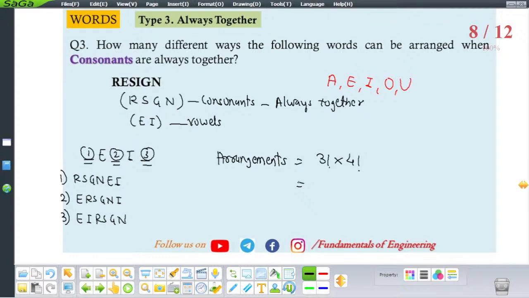You can give it in the chat box. 3 factorial value is how much? 3 into 2 into 1. And 4 factorial is 4 into 3 into 2 into 1.